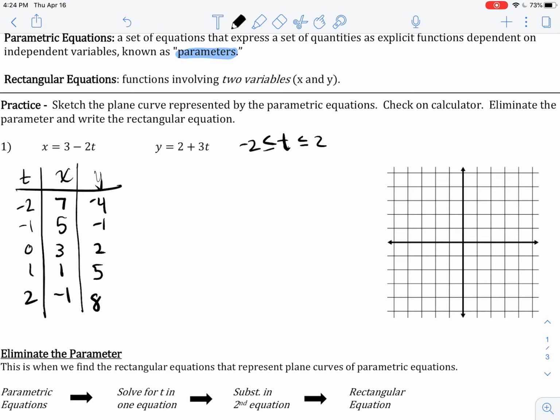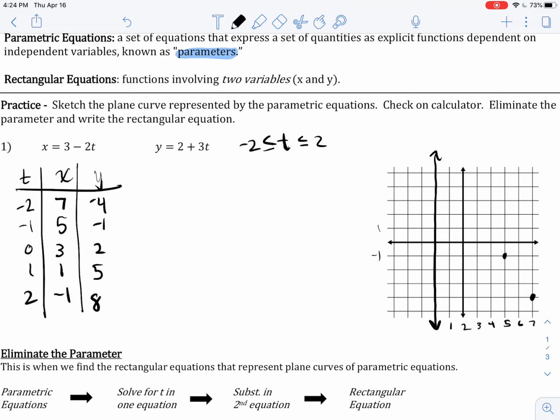So I'm going to go ahead and redraw my axis here. I'm going to call that my y-axis. And sorry if this gets a little bit messy, but we're just going to go ahead and count 1, 2, 3, 4, 5, 6, 7. Okay. So when x is equal to 7, y is equal to -4. And when x is equal to 5, y is equal to -1.